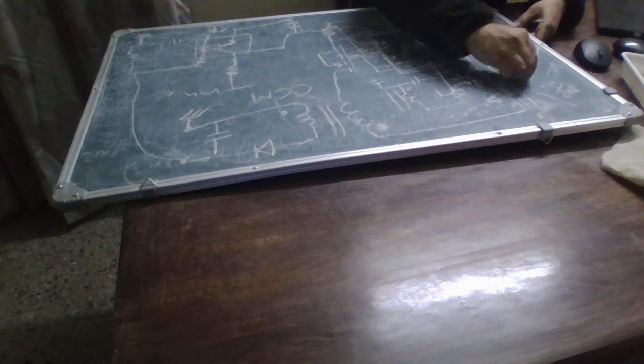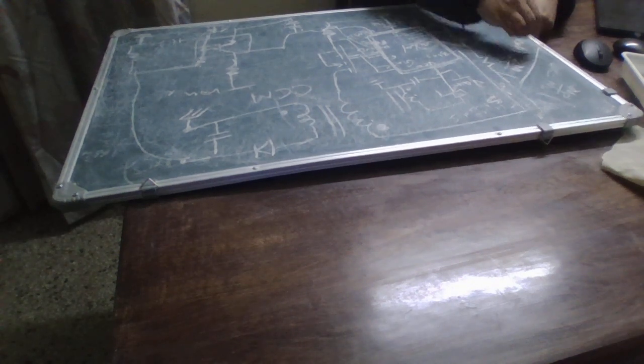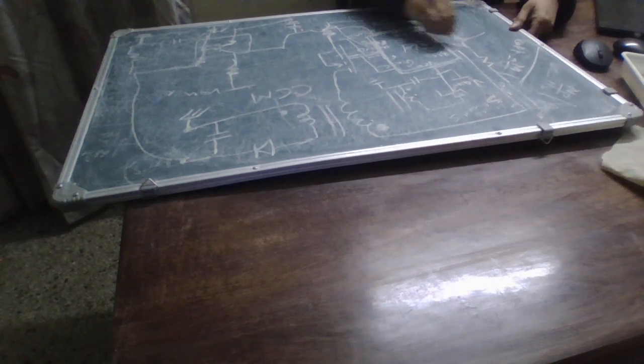Putting the values in this, we are going to get the duty cycle. We can choose the maximum duty cycle, which occurs when the supply voltage is at the minimum value. By choosing the maximum duty cycle, we are going to choose the number of turns of the secondary winding.